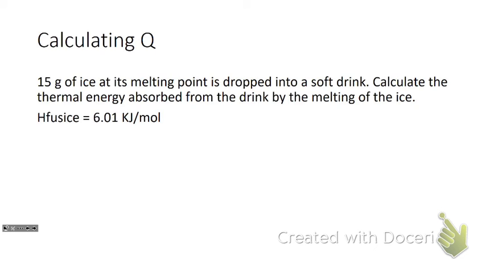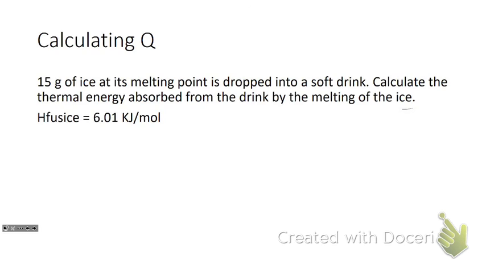So we have ice at its melting point, and it is melting. What formula am I going to use? Am I going to use Q is equal to MC delta T? No, good, because we have a phase change here.